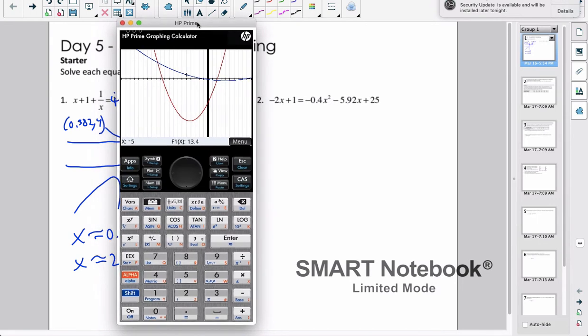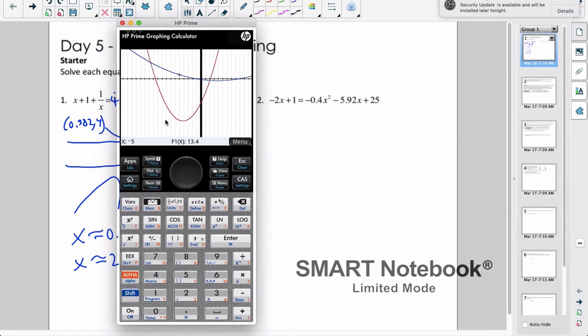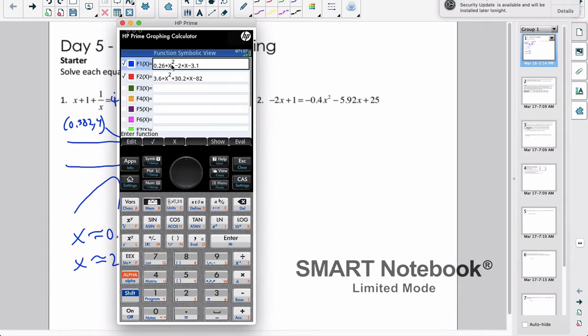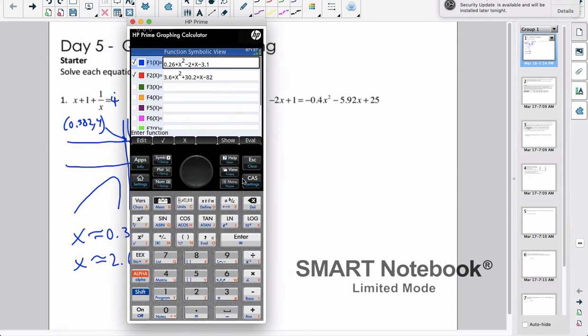So I think I already have it graphed here. We go to apps, and we go to function, and you can type in the function here. Make sure you use this x value right here on this button. So you just type in the function in F1 and F2. Oh, this is a different function, so I do have to retype it. Sorry, that's not the same function.